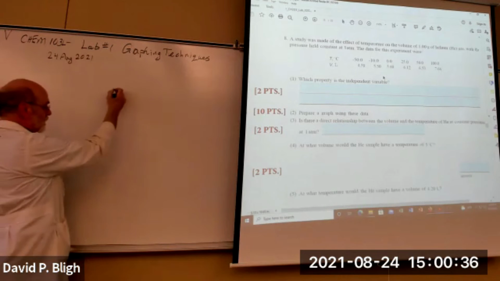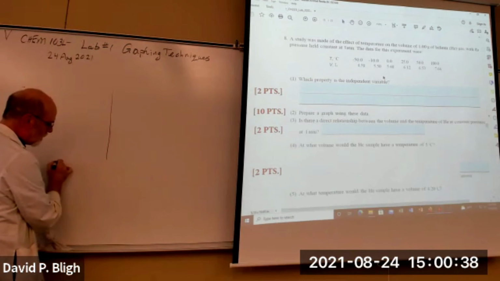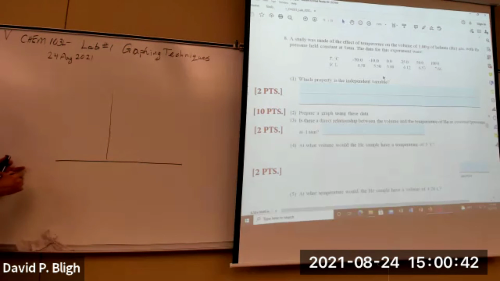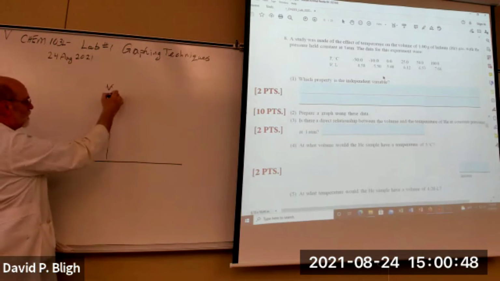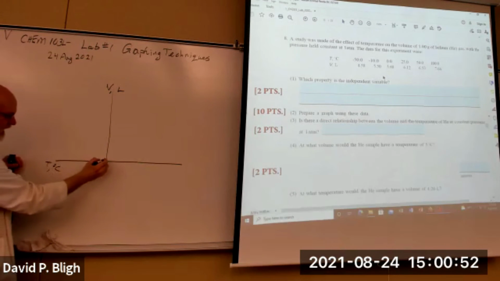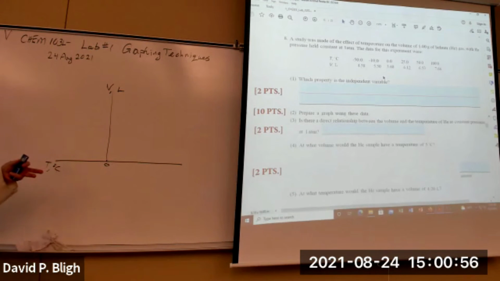So in that case, you need to draw your graph like this, with some negative space on the x-axis, because this is temperature in degrees Celsius, and this is volume, probably in liters. So you need some negatives out here. That's 0. So you need some negative values out there.